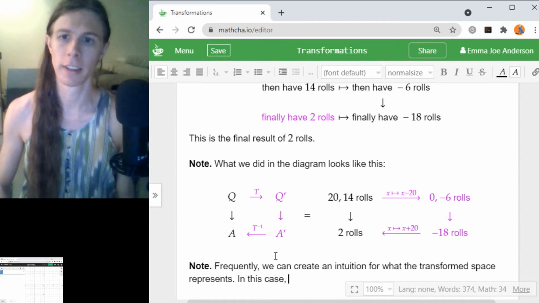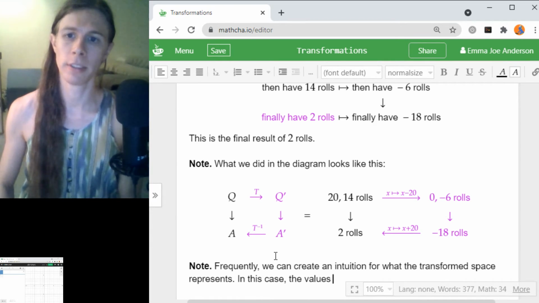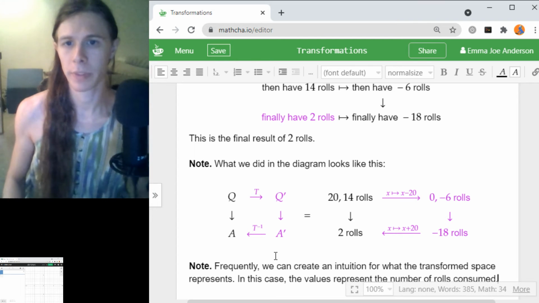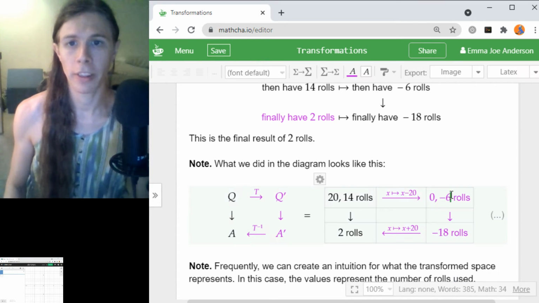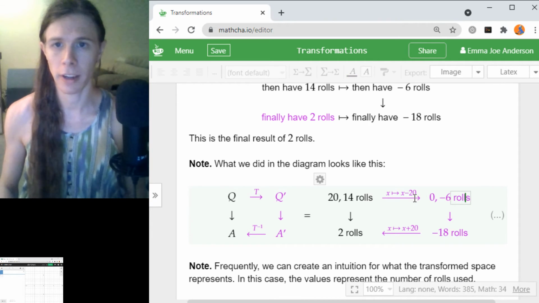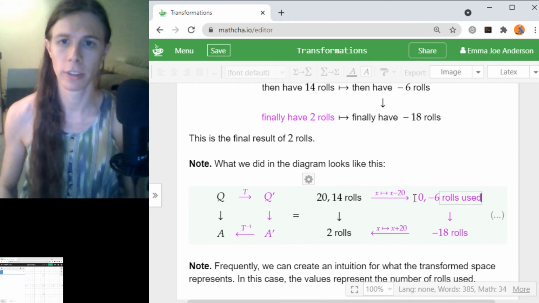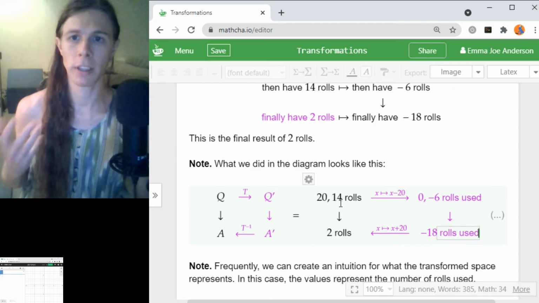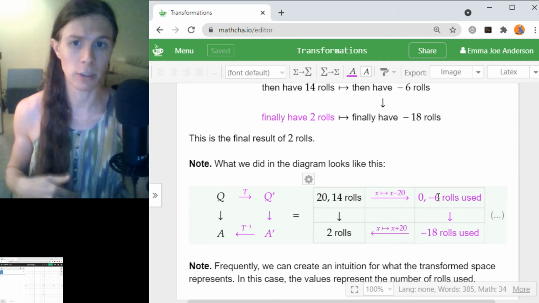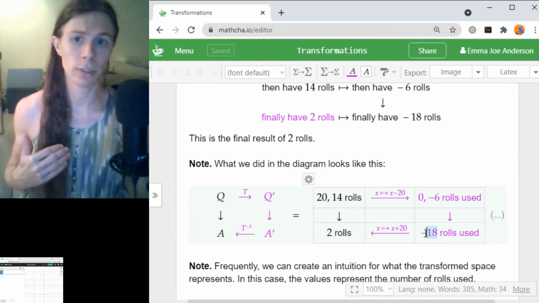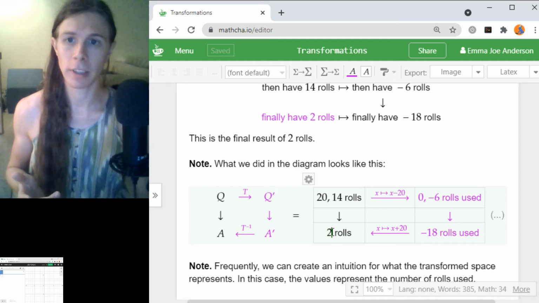In this case, the values represent the number of rolls consumed or used so far. So that means here I could add the word used. So we converted 20 and 14 rolls, how many rolls were actually there, to 0 and -6 used. We're going to use 3 times as many, and then we convert that back.